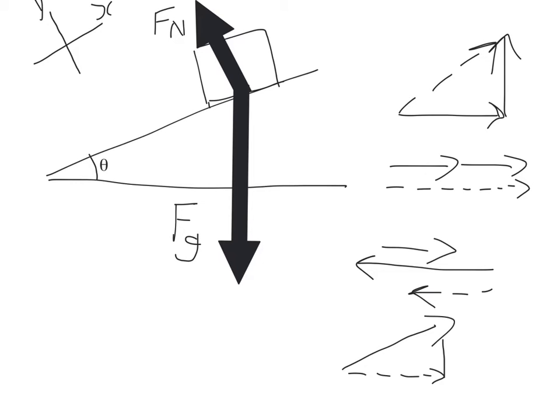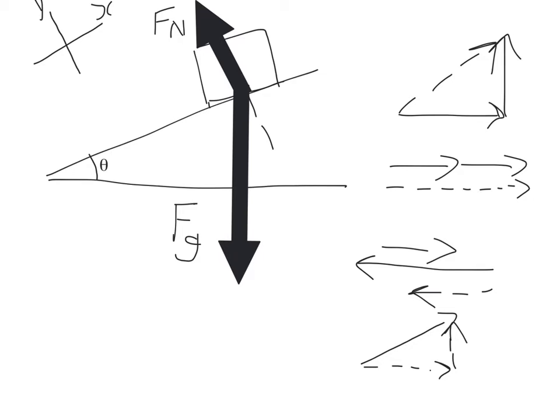Oops, that should be dotted. If we had a force on an angle, we broke it up into a horizontal component and a vertical component. That is what we're going to do with this force here. But in this case, our vertical and horizontal look different.